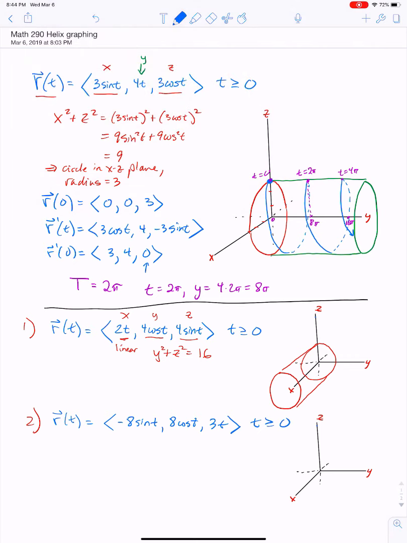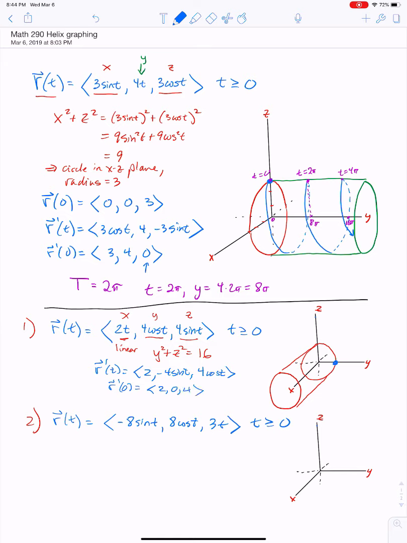Now, to get the orientation, if we plotted t equals 0, we'd have x is 0, y is 4, and z is 0. And if we look at the derivative, r prime, that would be equal to 2, negative 4 sine t, and positive 4 cosine t. And r prime of 0 will give us the direction of motion, which is 2, 0, positive 4.